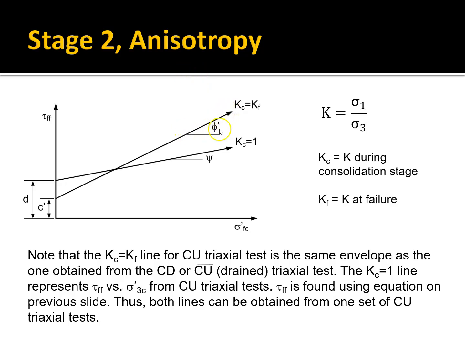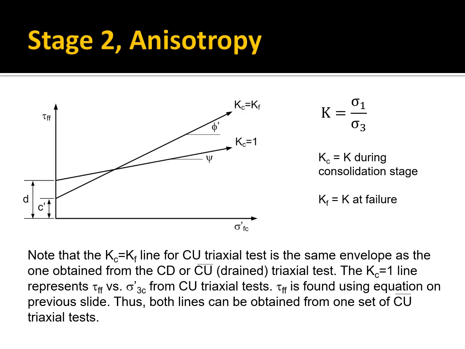This upper line means the normal stress ratio here during the consolidation stage is right at the verge of failure, and that is KC equals KF. So in reality, the K value during the consolidation stage has to be somewhere between these two extremes. It can't be lower than this, and it cannot be greater than this. So it has to be somewhere in here.